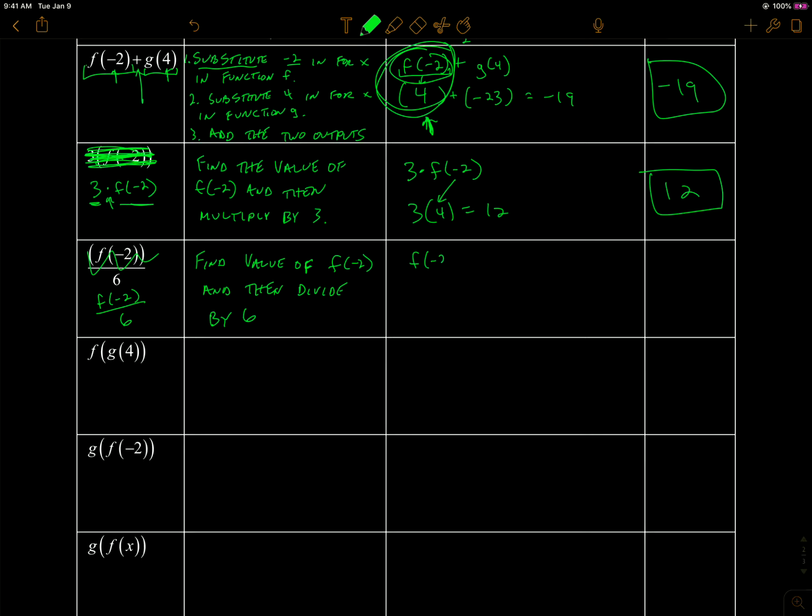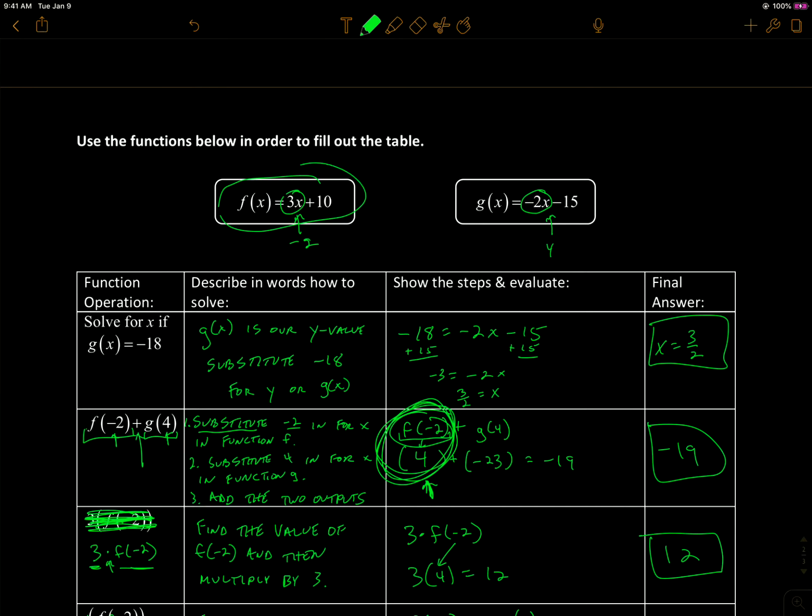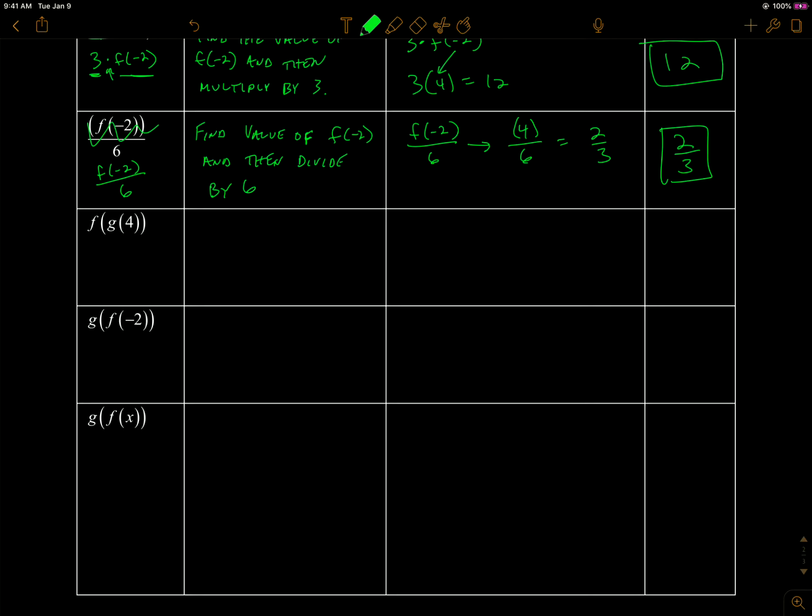So f of negative 2 divided by 6, that's equal to 4 divided by 6, which is 2/3. How do I know the value of f of negative 2 is 4? We found it up here, by plugging in negative 2 into the function f of x and then simplifying.